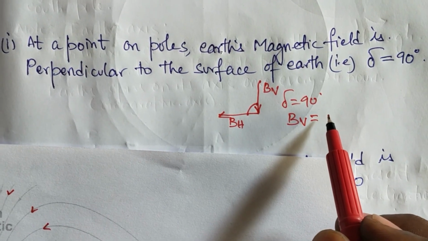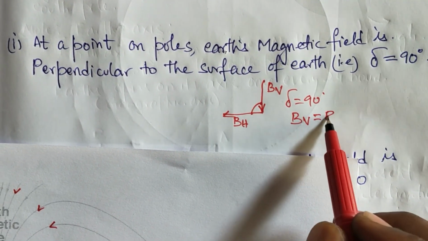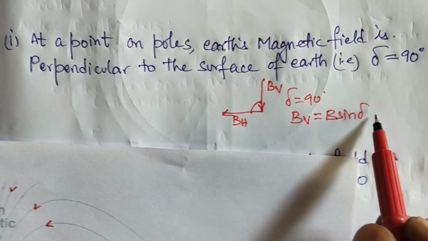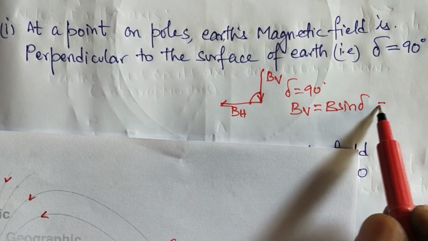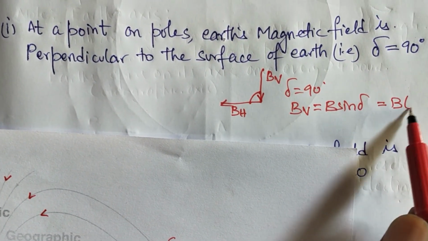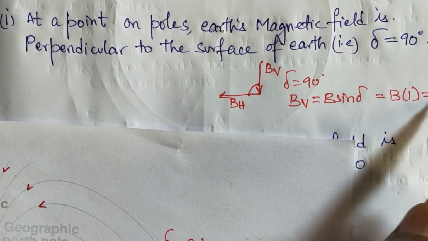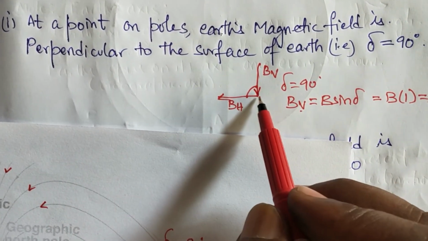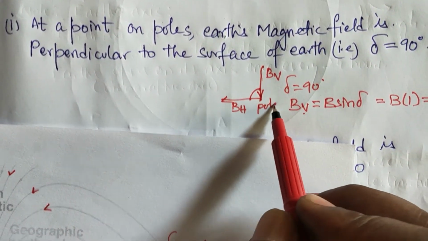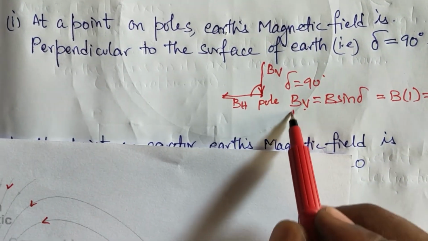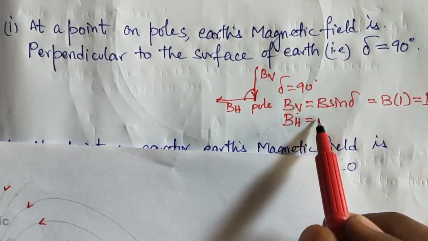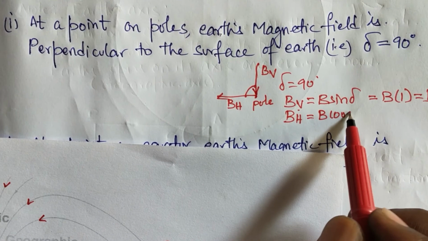Earlier we studied BV as B sin delta. Delta is 90 degrees, and sin 90 is 1. Therefore, the vertical component at the pole is B. What is the horizontal component here? BH is equal to B into cos delta.